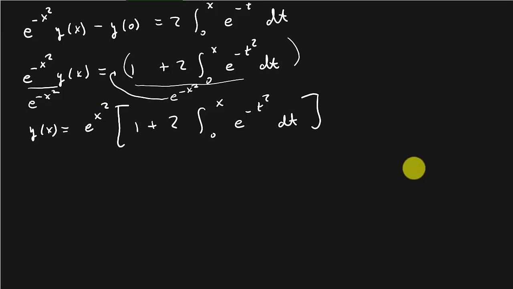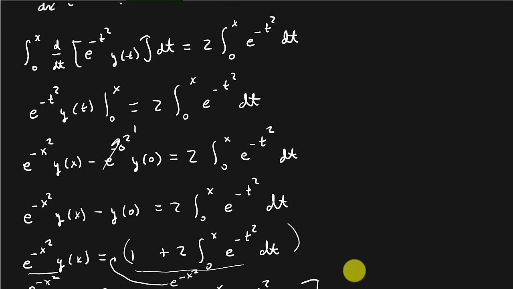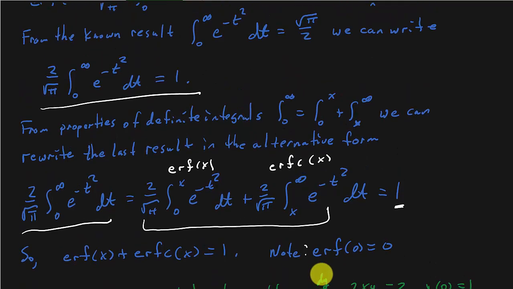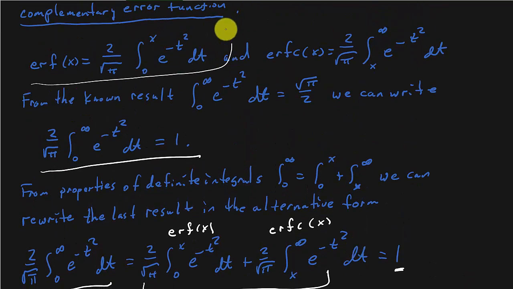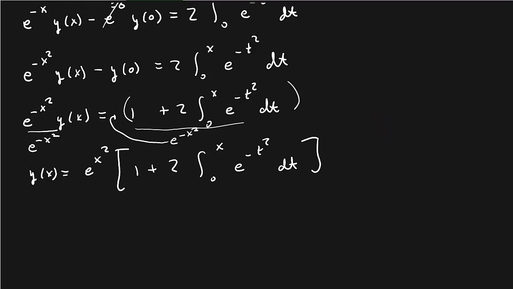Now, if we look at this thing here, this looks familiar, doesn't it? It looks similar to this. See, we're going from 0 to x. We got a 2 here. The problem is we don't have that. So let's just go ahead and write our error function down so we can actually see it down here.